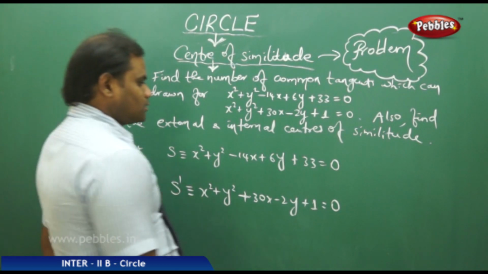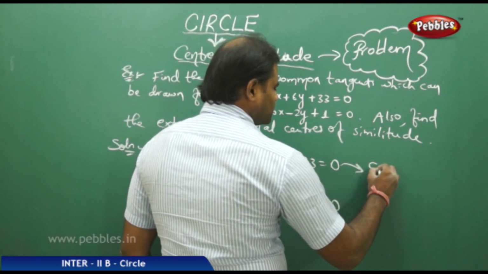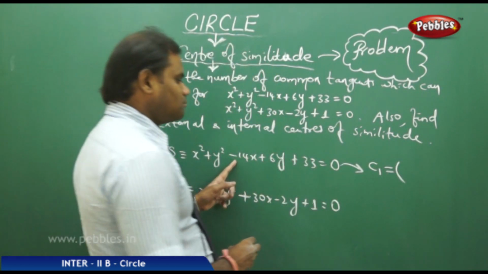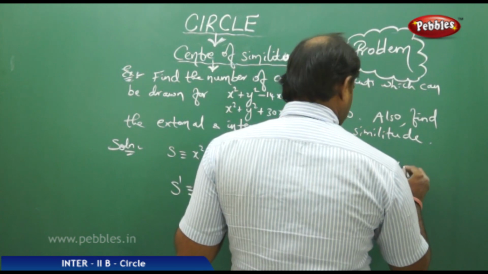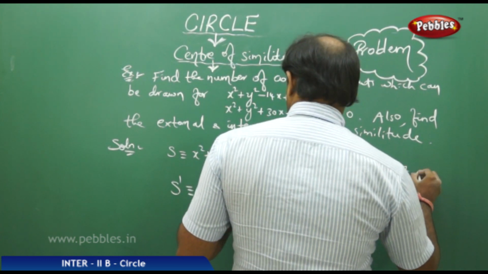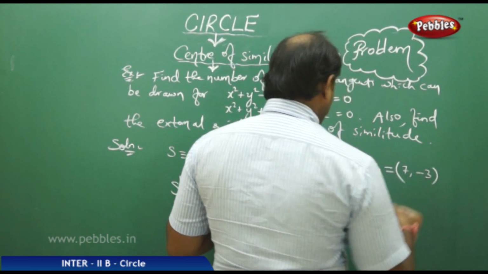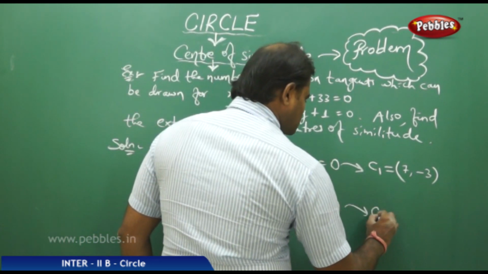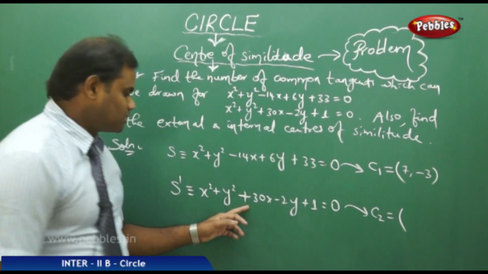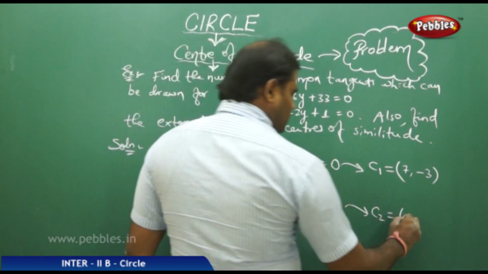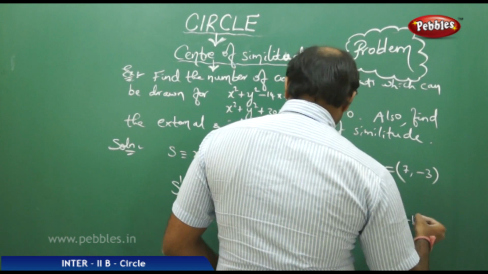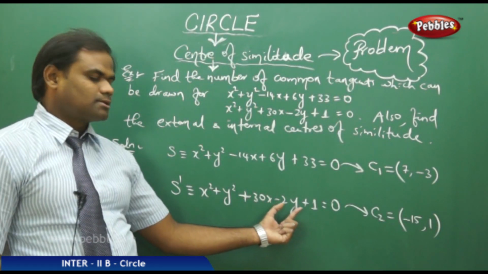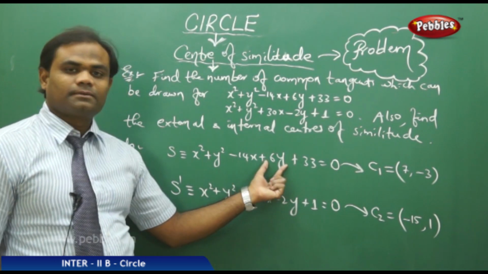Now clearly the center of this circle, if I denote by C1, is minus g, minus f, which is (7, minus 3). And the center of this circle, denoted by C2, is minus g, that is minus 15, and minus f, which is 1, extracted from 2gx and 2fy.